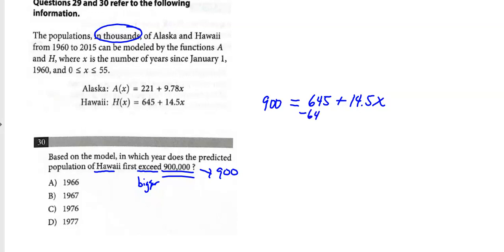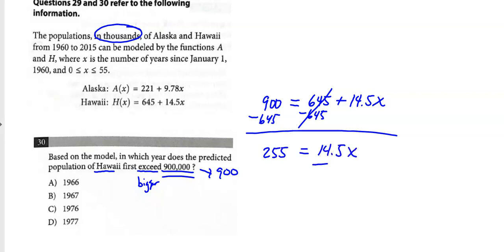We're going to take away the 645, take away the 645. This is going to be 255 equals 14.5x. Divide. And let's go to the old calculator. 255 divided by 14.5 is about 17.6, 17.58.